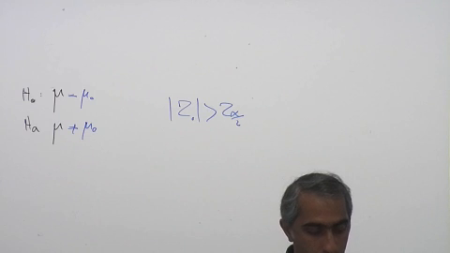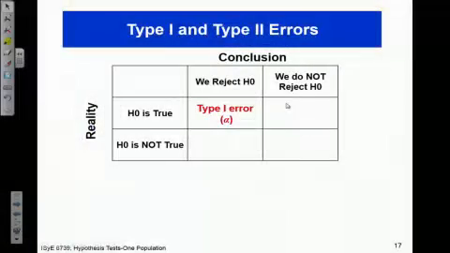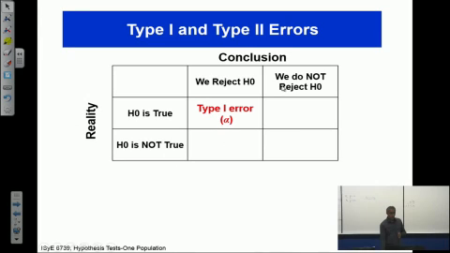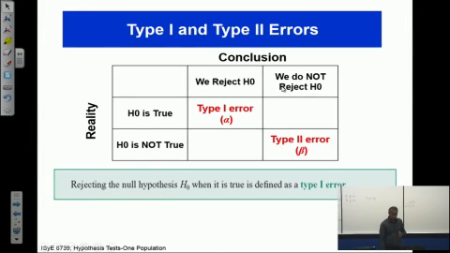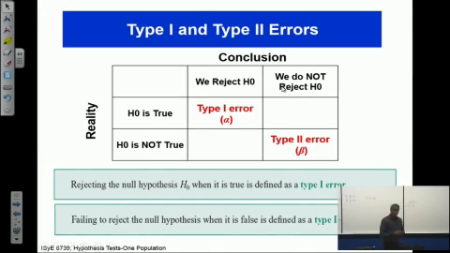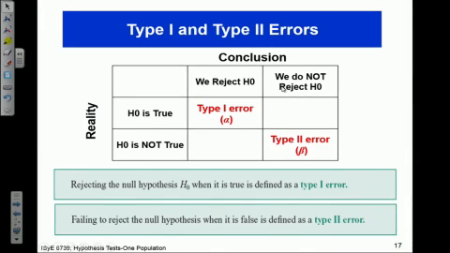Can you tell me which of these? H null is not true, and we do not reject it. That's the second type, type 2 error. We call it beta. So beta error, or type 2 error, is failing to reject the null hypothesis when it is false.